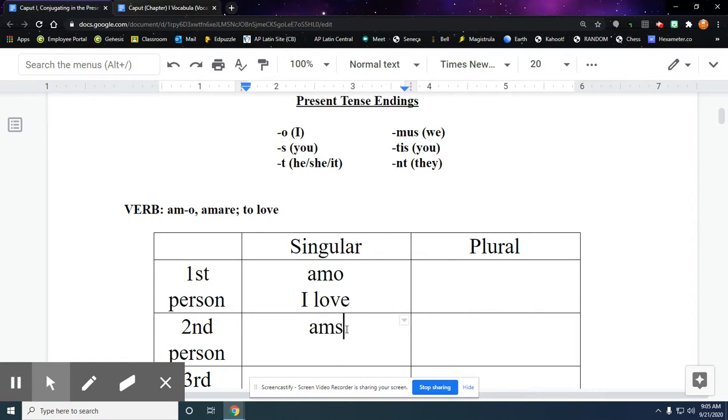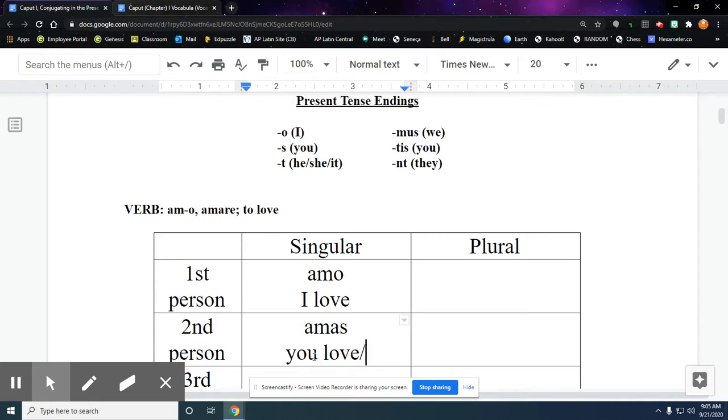We're not going to connect it directly, because that looks ridiculous. We need to connect it with a vowel. What vowel do you think we connect it with? Here's a hint: it's an ARE verb, so we're going to use an A. So amas is a Latin verb, and it translates as you love.